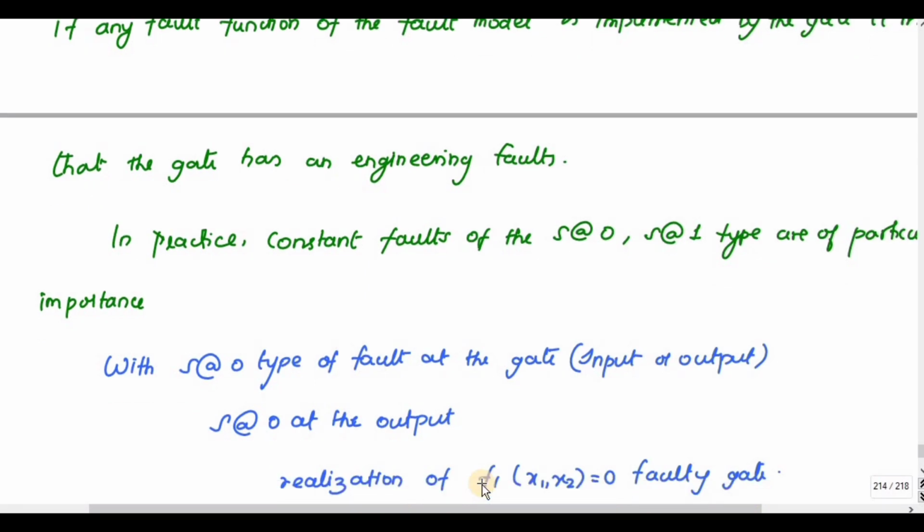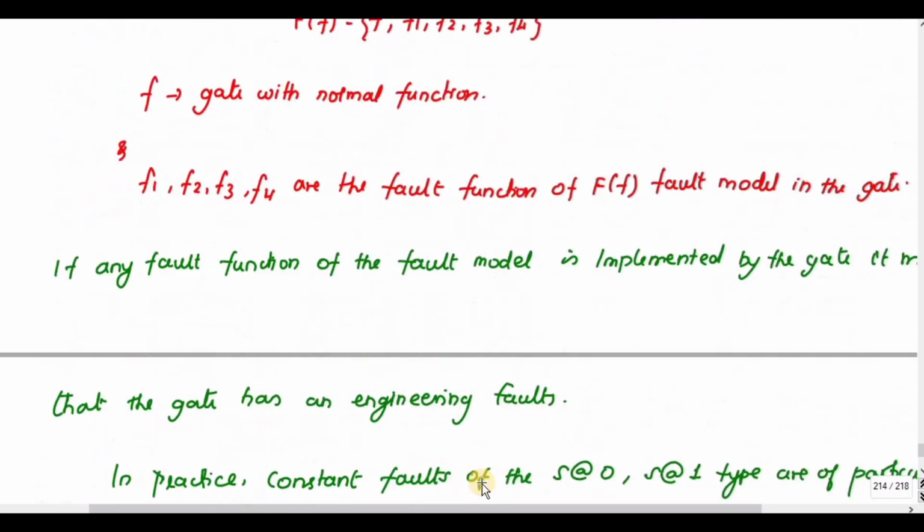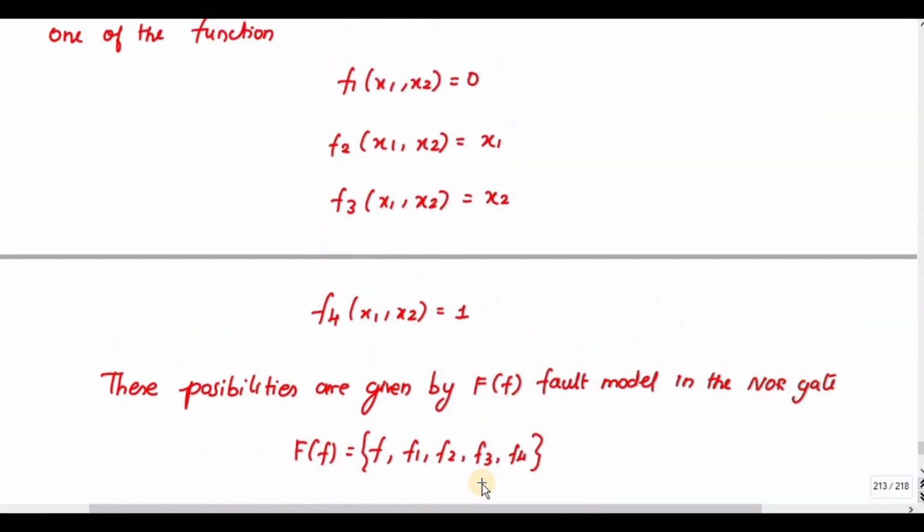First, let us consider the NOR gate whose output is stuck-at 0. If the output is stuck at 0, whatever input we give, the output goes to 0. Out of these four models, f1, f2, f3 and f4, if the output is stuck at 0, only f1 will be realized.